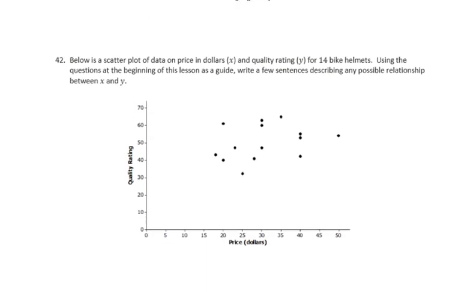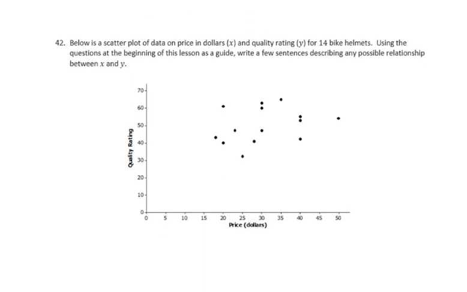For question 42, it talks about dollars and the quality rating for bike helmets. In this case, there doesn't really look like there's a relationship. It's kind of scattered points everywhere.